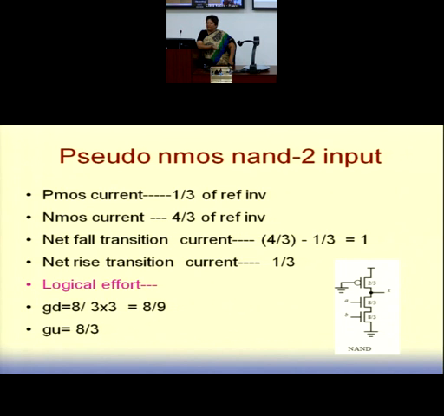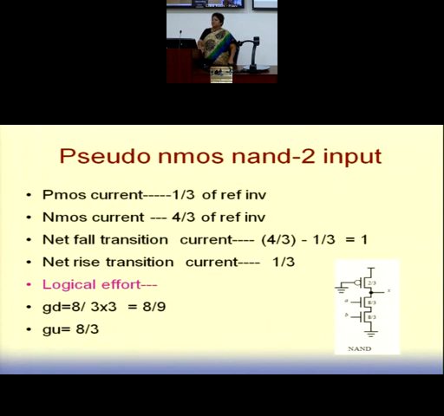G down for A as well as G down for B, both will be the same. They will not change, because both have to participate, then only G down can happen. And G up will simply again be 3 times weaker.